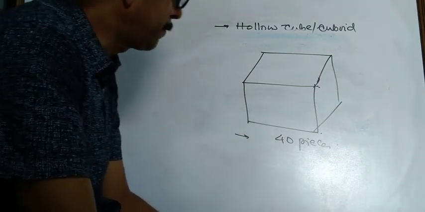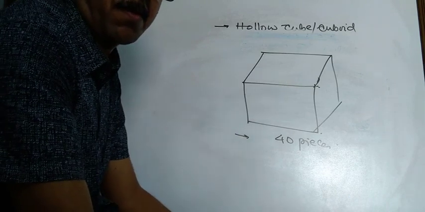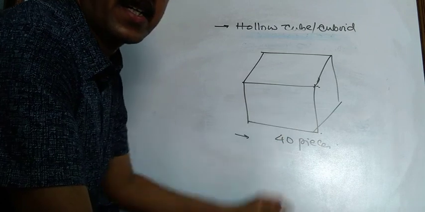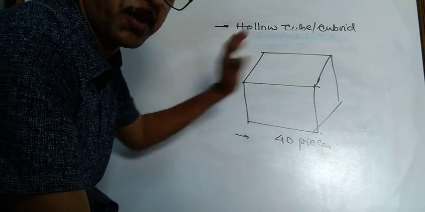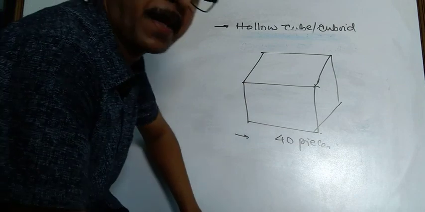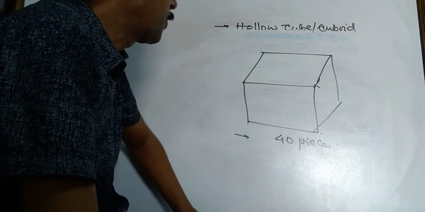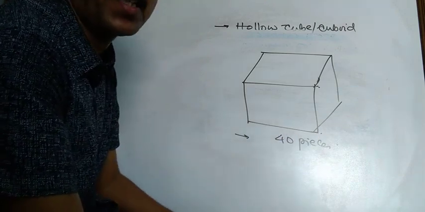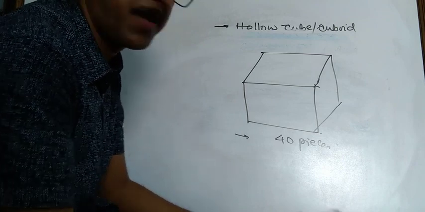The question is, what is the minimum number of times I have to cut this without dismantling anything? This cube has to be in its original position. We can make horizontal and vertical cuts only. Whatever the number of pieces required, how many times we have to cut, and that has to be the minimum number.